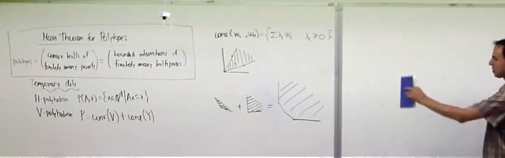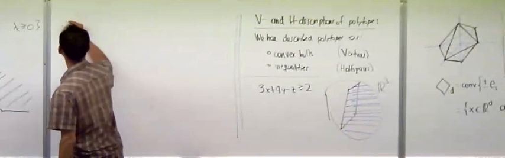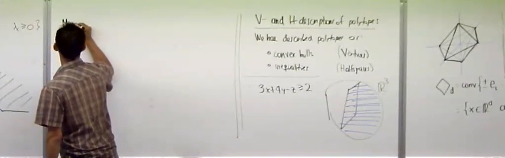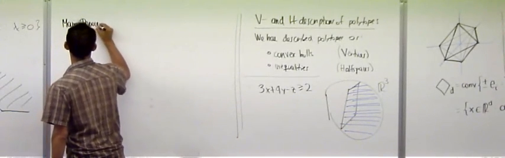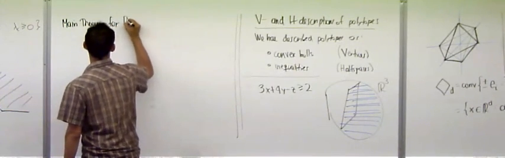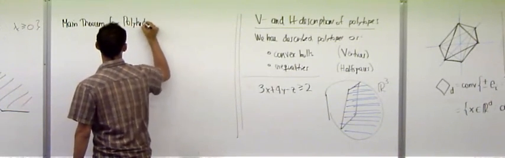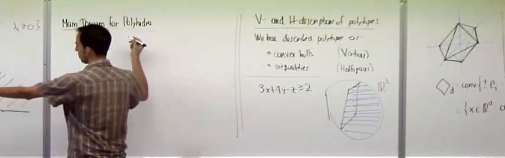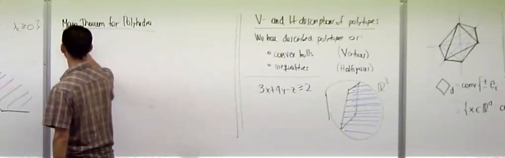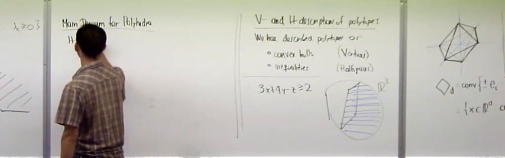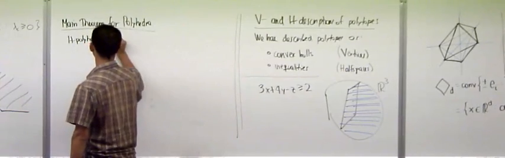So what I have there is my main theorem for polytopes, and what I'm going to write here is the main theorem for polyhedra, which is that these two definitions describe exactly the same thing. H polyhedra are the same thing as V polyhedra.